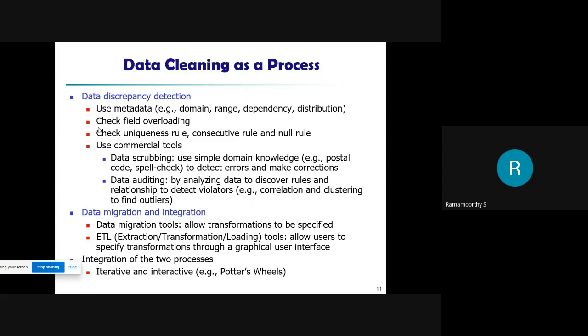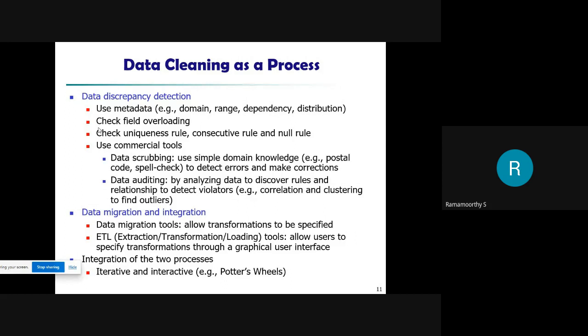If you take any database, the primary key value must be unique, something like a register number in the student table. The register number is a unique value, right? So check its uniqueness because you don't want to have any duplicate data, right? And check its consecutive nature and the null value also.